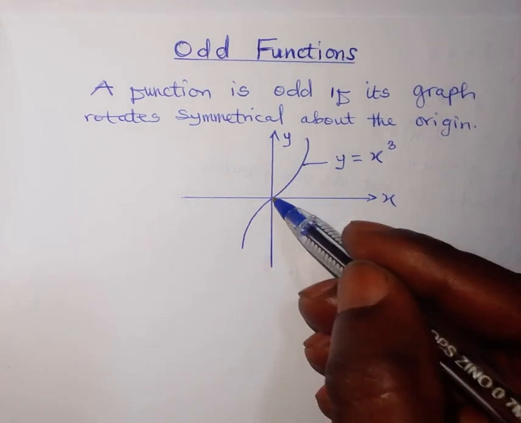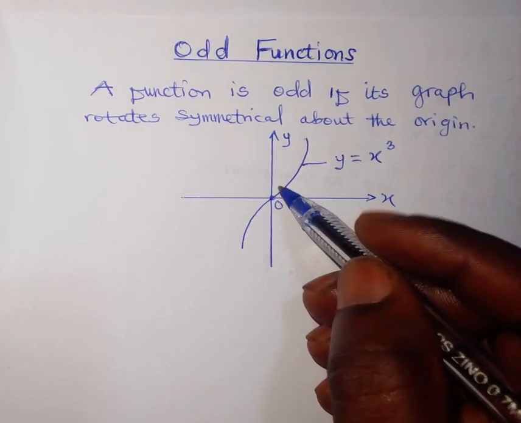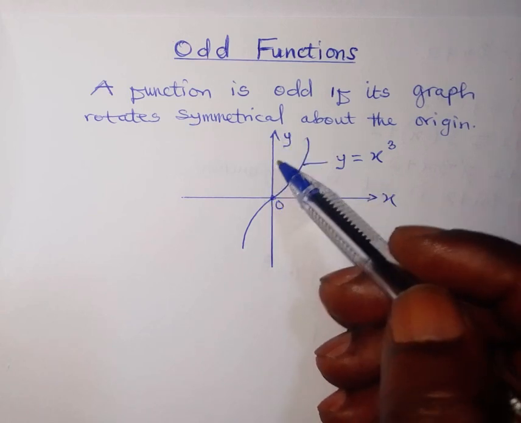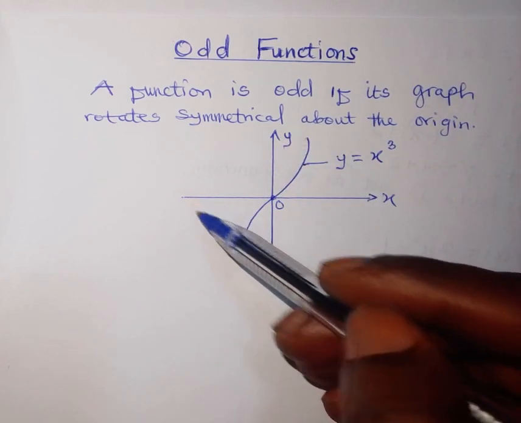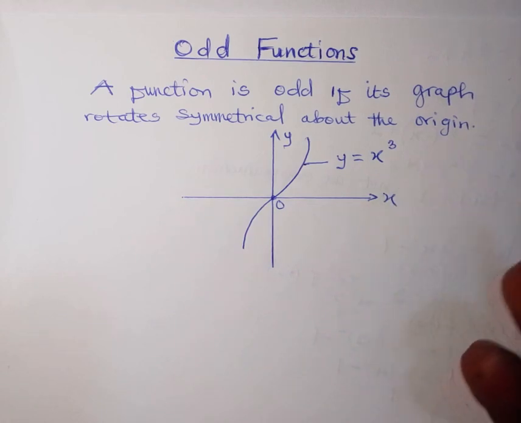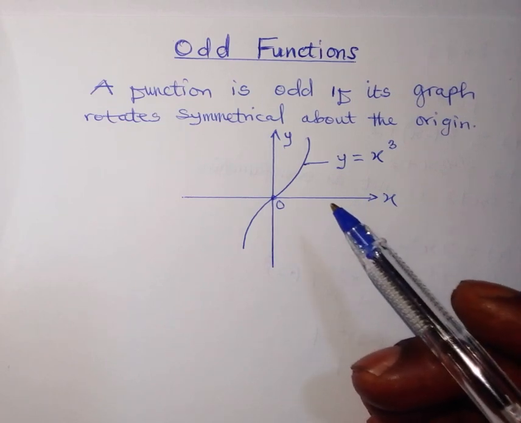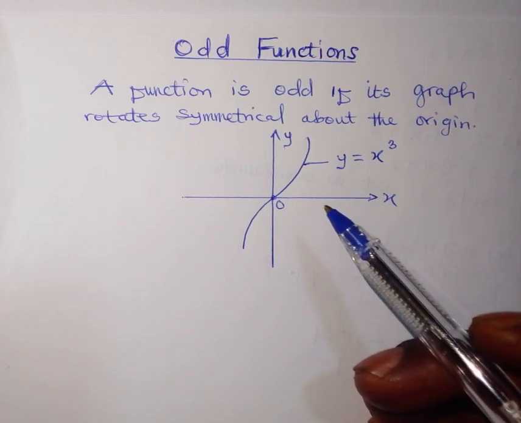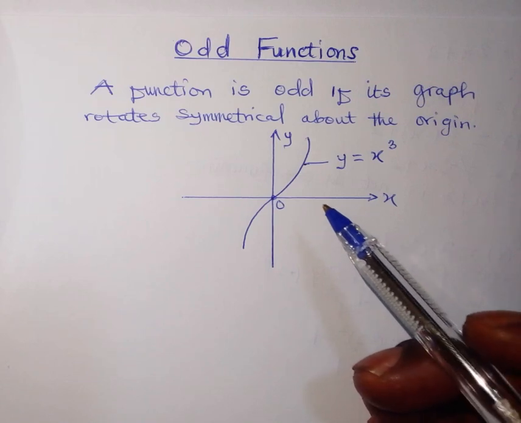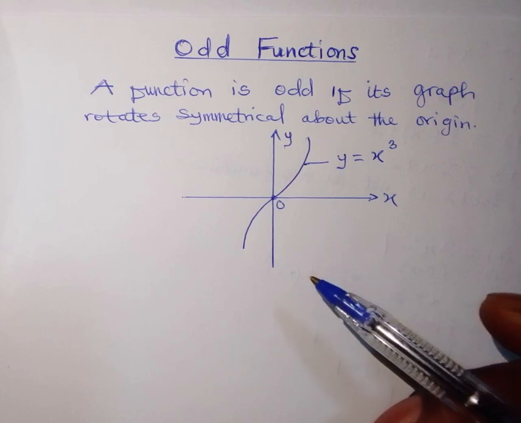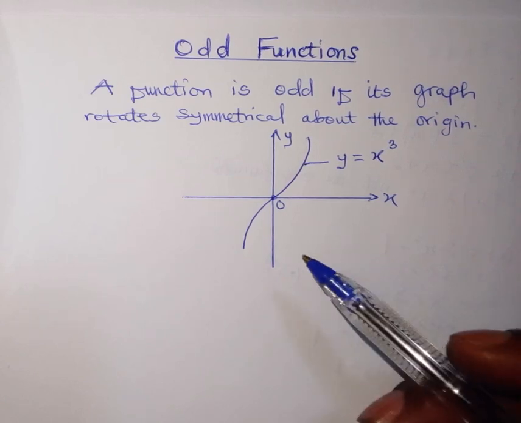We know that the origin is the center here, so when you rotate it, or fold it along the y-axis or the x-axis, each part can fit onto the other equally. That is what we mean by symmetrical: it divides into two equal parts that fit onto each other.